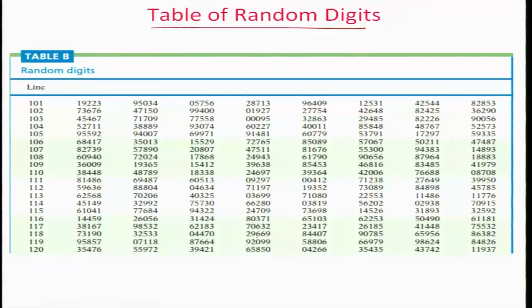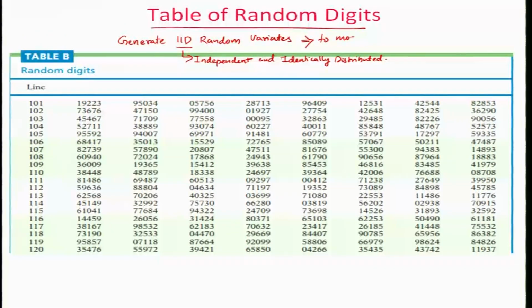And as I said earlier, we generate IID random variates. IID stands for independent and identically distributed random variates. And why do we generate random variates?